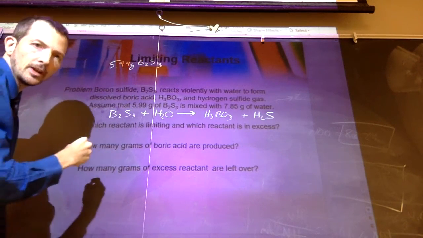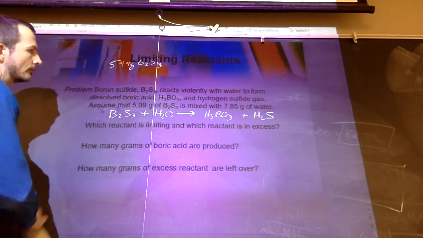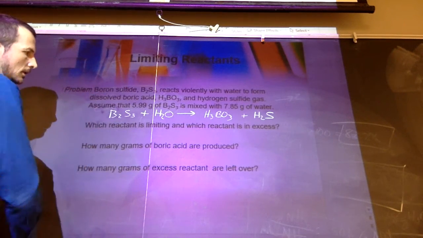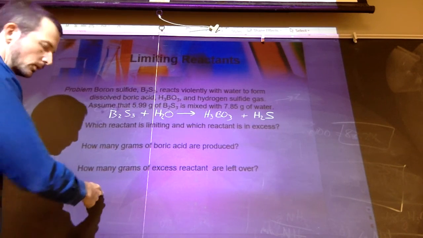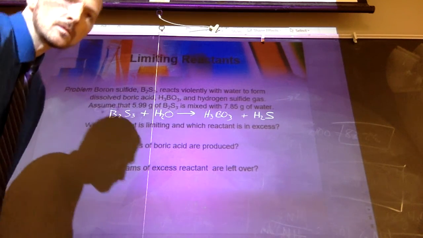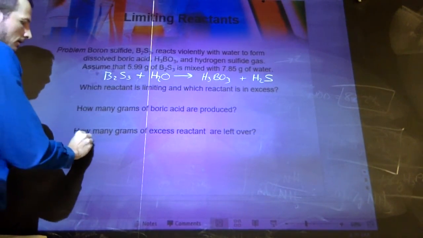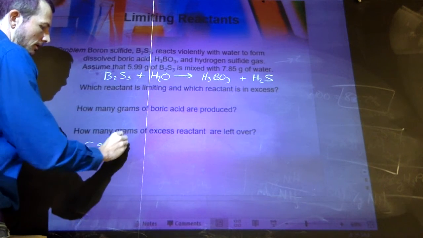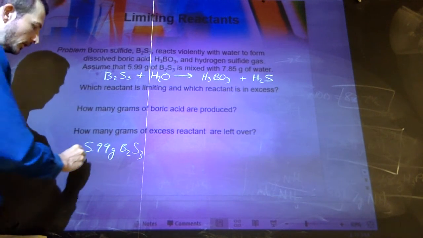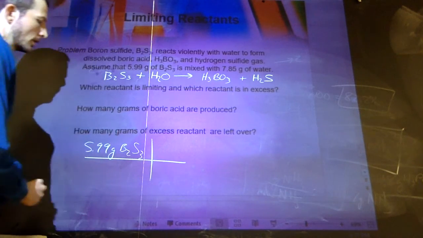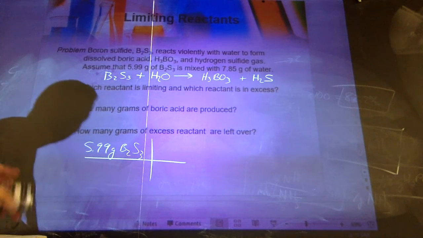So I've got 5.99 grams of B2S3. Okay, so I need the molar mass of B2S3.